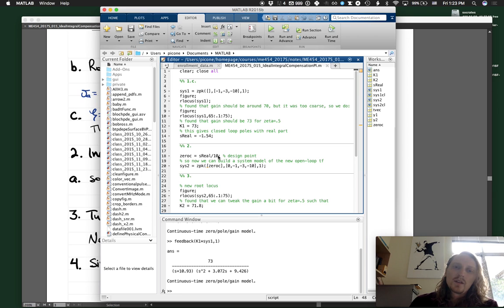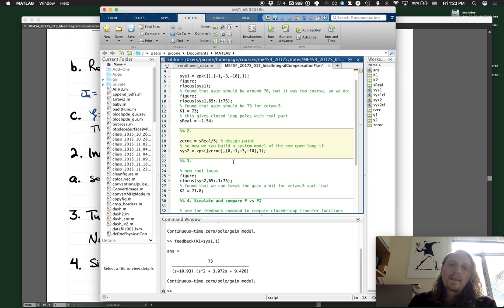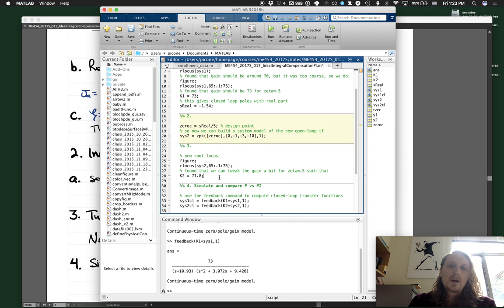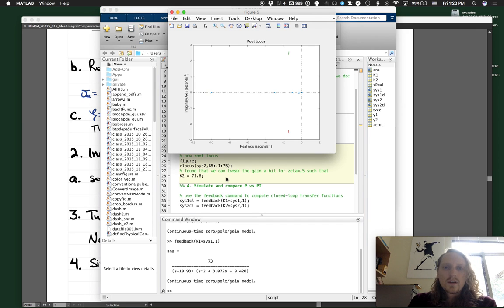So we could go back and let's just, for the heck of it, say, okay, let's do our design point divided by 5. So we'll evaluate that. And let's do our second root locus and see if we can't get back to our damping of 0.5, which we can.